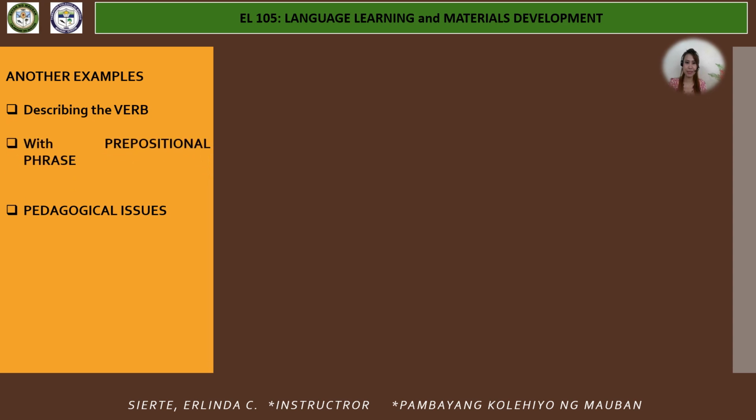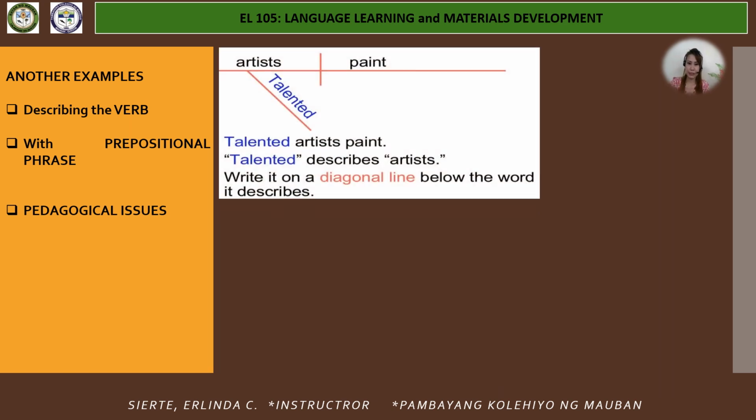Another example, describing the noun, or it could be with a prepositional phrase or phrases. In the given sentence, talented artists paint.